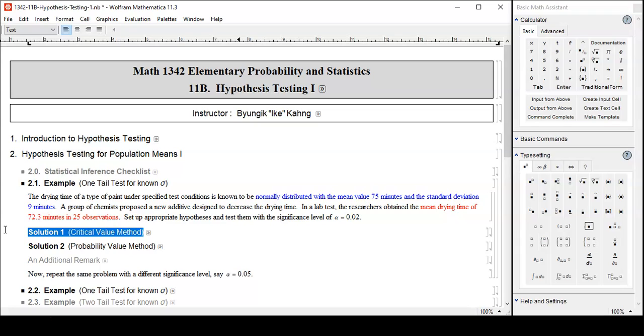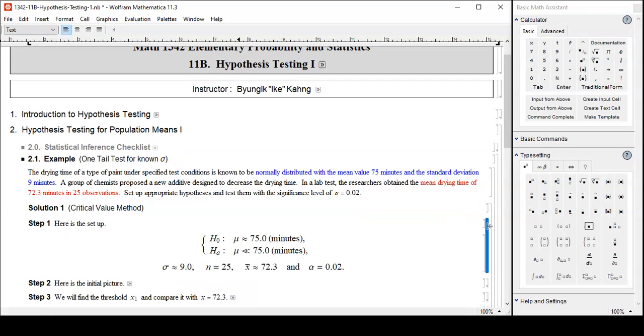And I was very verbose in all the explanation here on the background, but I'm not going to repeat it anymore. I'll just give one video on critical value method and one video in probability value method, and then label those, and then you just follow accordingly. In this video, I'm using critical value method. Okay, all right, let's begin.